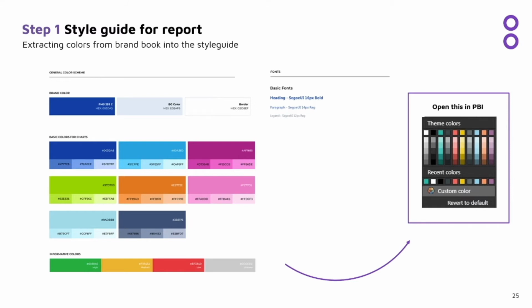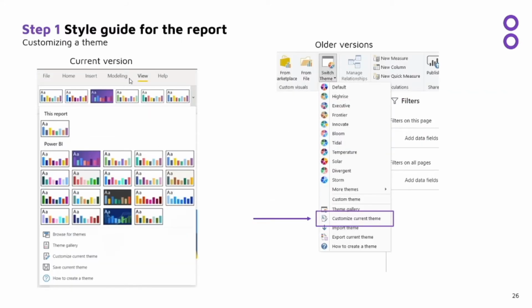You can put it straight into your Power BI report, and if you have a newer version of Power BI, in the View tab it looks like this, and there are some predefined themes, or you can customize the theme with your own company's colors. If you have an older version of Power BI, you can see it in the ribbon in the Switch Theme button. Sometimes you might not see it, especially in the older version.